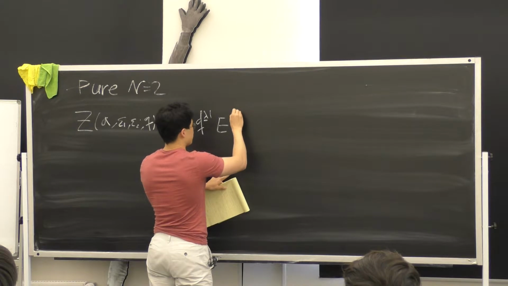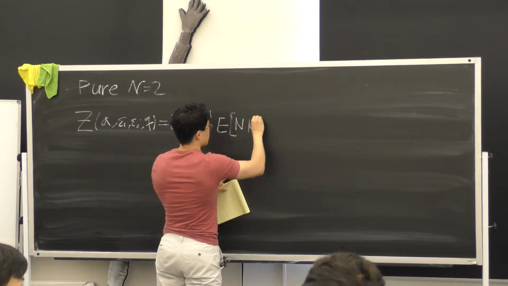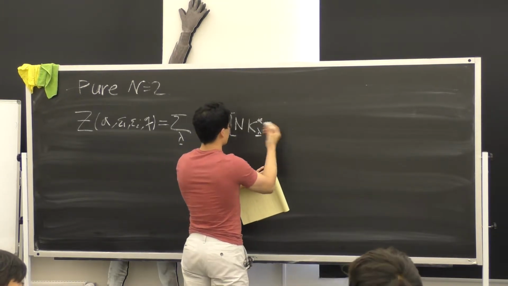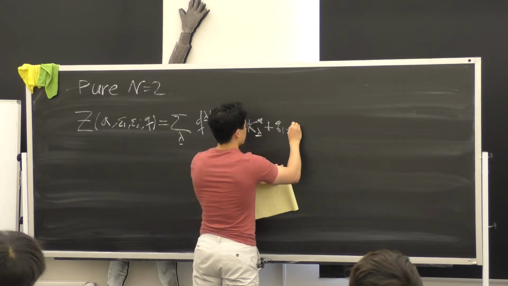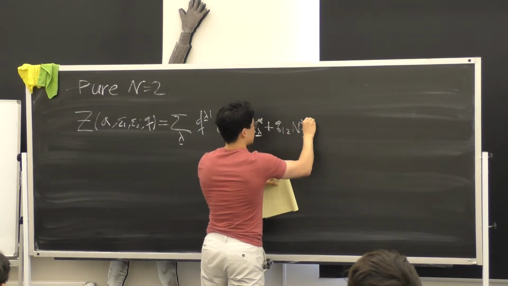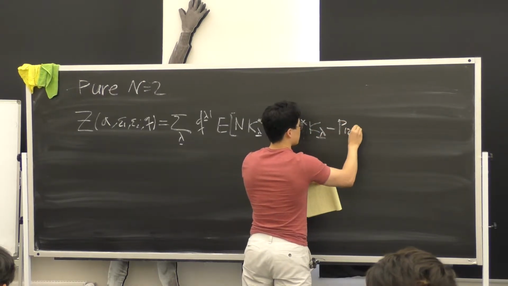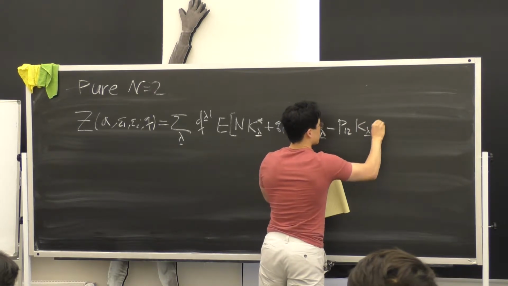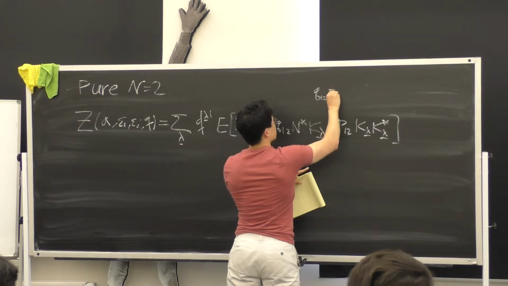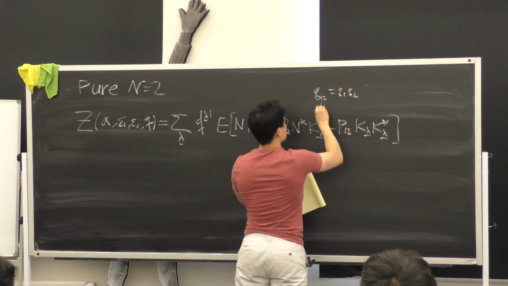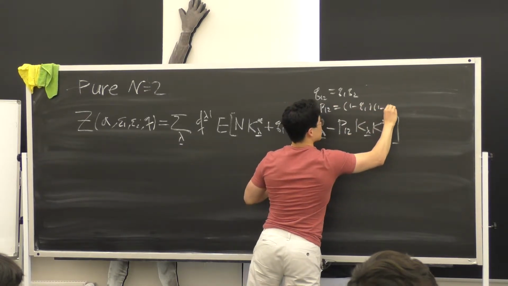This measure was given by the E symbol of these combinations. I mean, this is the character of the tangent bundle. So Q12 is Q1 Q2, P12 is 1 minus Q1 plus Q2.